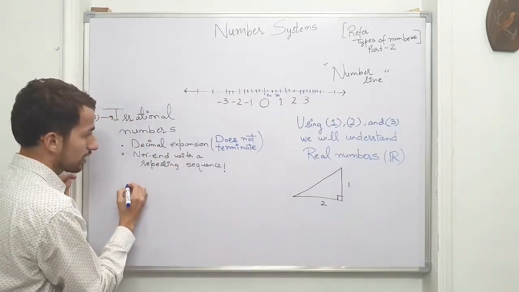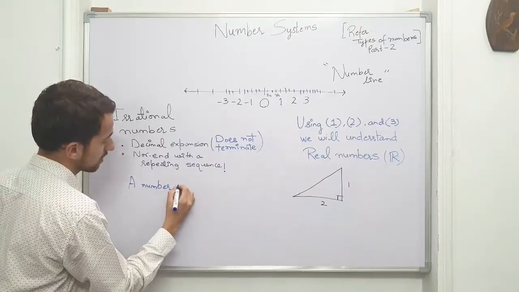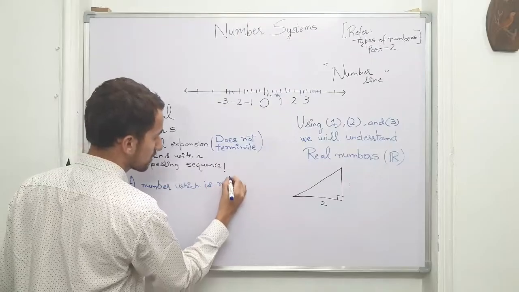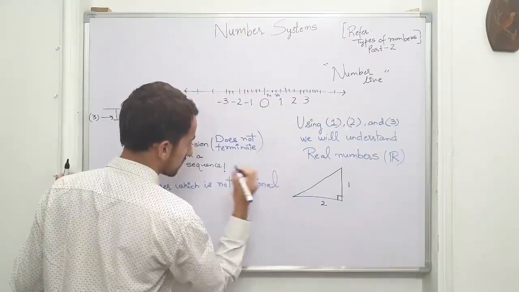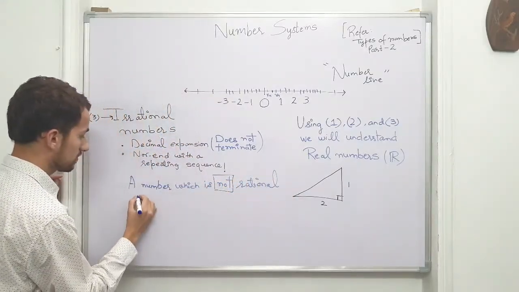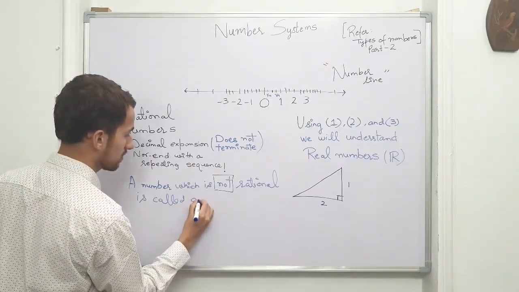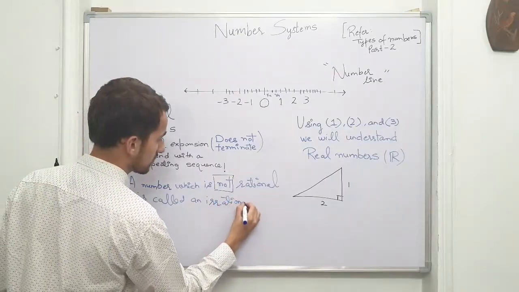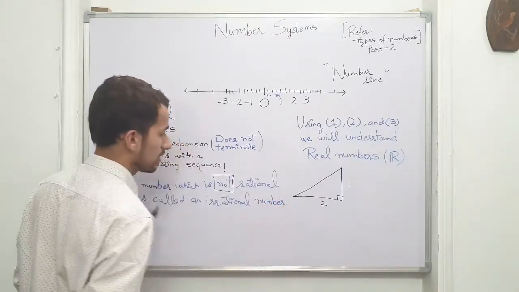Definition: a number which is not rational. Fine.